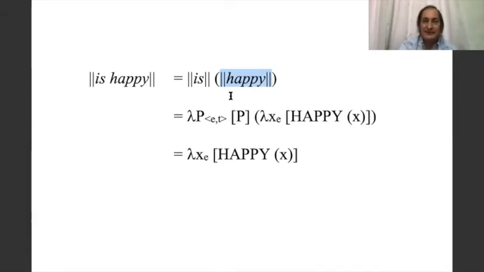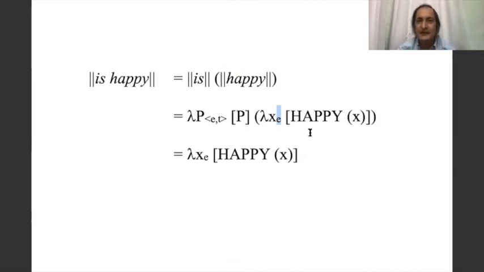We just gave this lambda p p as the translation of is, so we just go ahead and put that there. And we've been assuming that lambda x, happy x, is the interpretation of happy. The only thing that has changed is that now I've gone ahead and made explicit that we're talking about x as a type E expression. It's an individual.